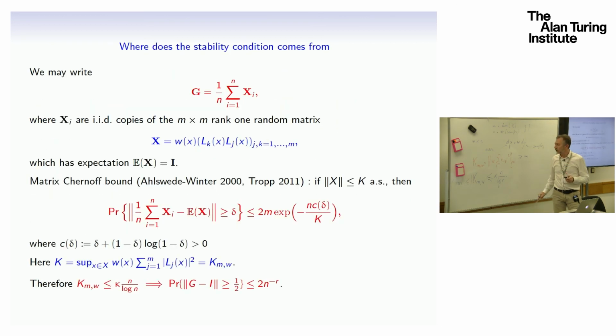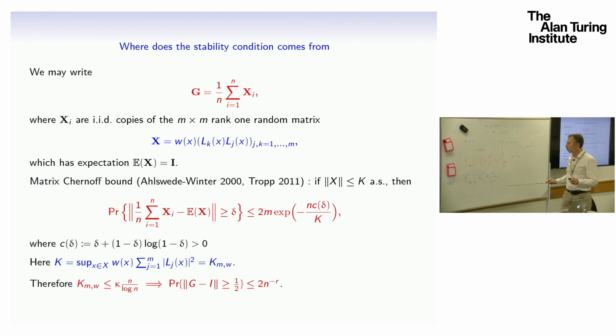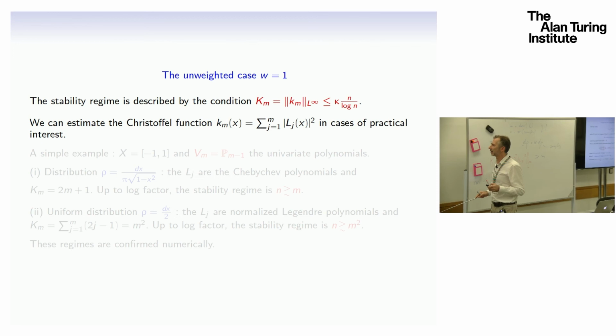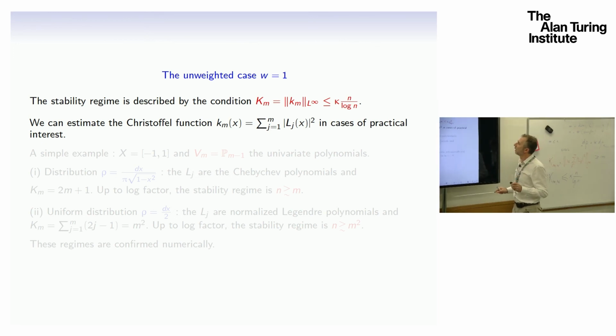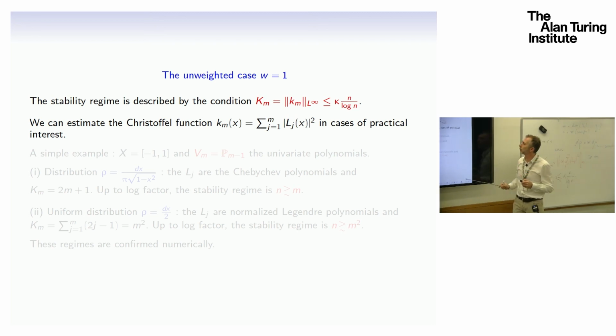And now let me discuss this regime and what it means in relevant cases. First I would like to consider the unweighted case, to show you what could be a problem. In that case, the stability regime is described by this, where K_m is what we call the Christoffel function.